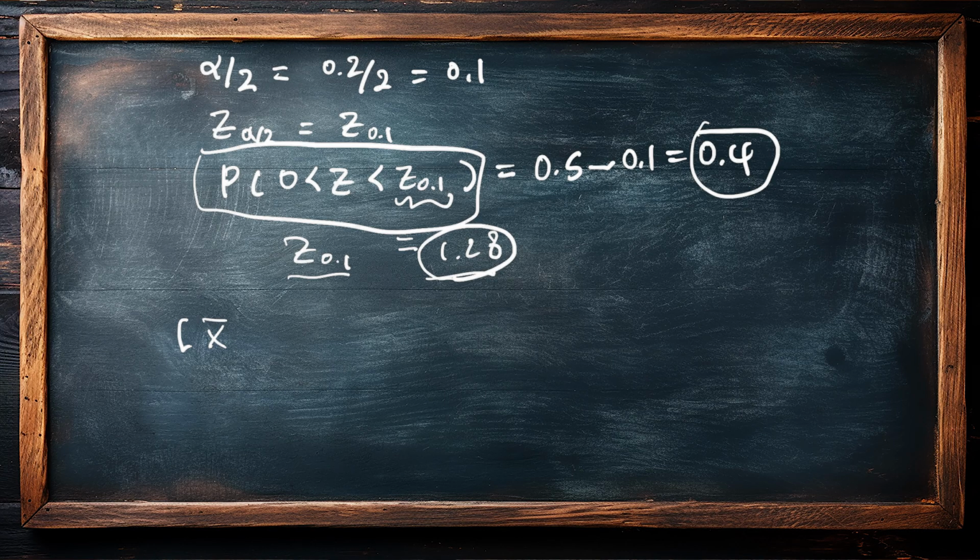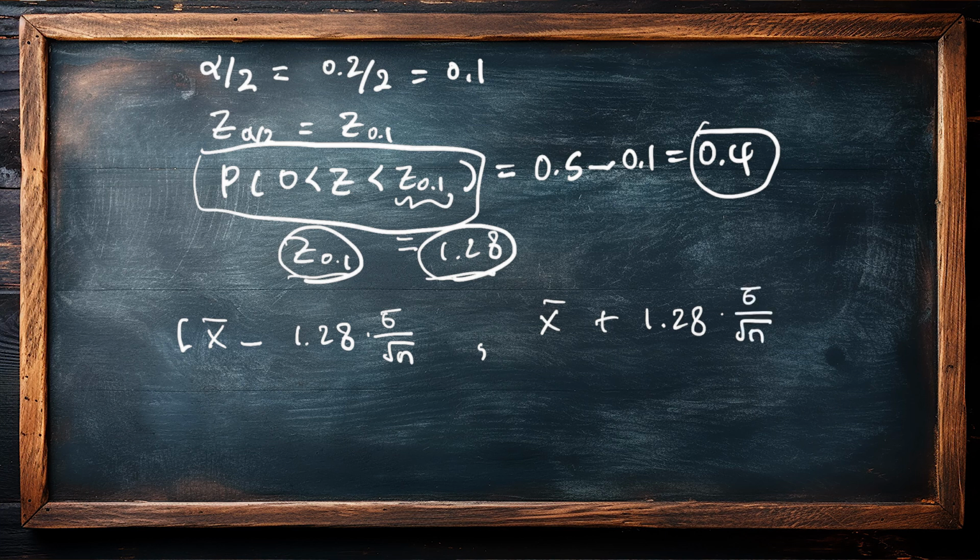The lower bound is x bar minus z of 0.1, which we identified as 1.28, times sigma divided by square root of n. And the upper bound is x bar plus 1.28 times sigma divided by square root of n.